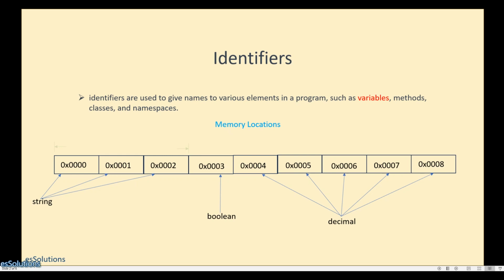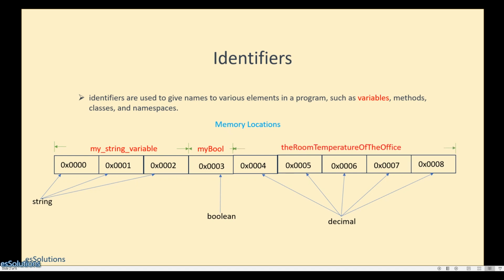So for example, for the string location, I could say that within this location, I want to give it a variable called my string variable. So it means wherever the C# program sees my string variable, it knows you are talking of location 000 all the way to location 002. If I created a variable called my bool for location 003, wherever it sees me using my bool, it knows I am referencing the content of location 003.